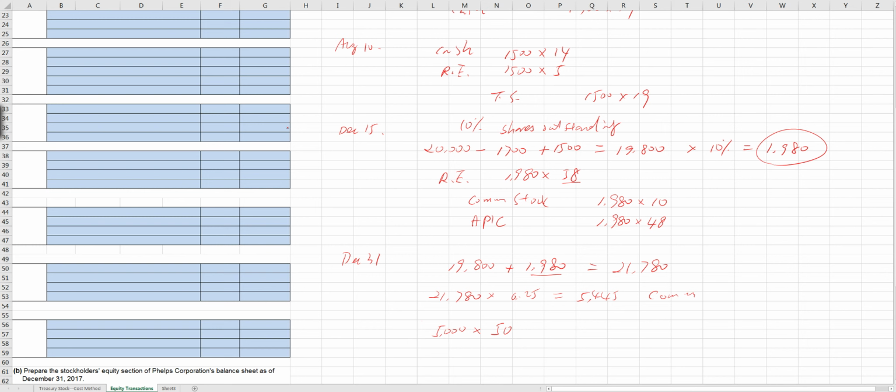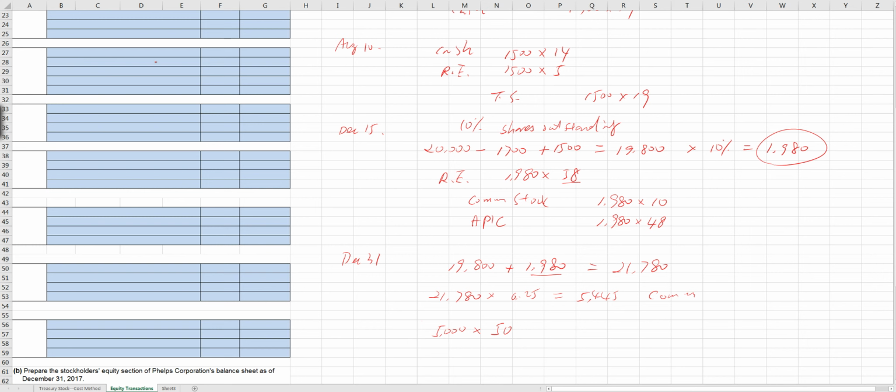Alright, so we finished all the journal entries. And the final step is to update the balance sheet presentation. So we're going to report common stock, basically $10 par.